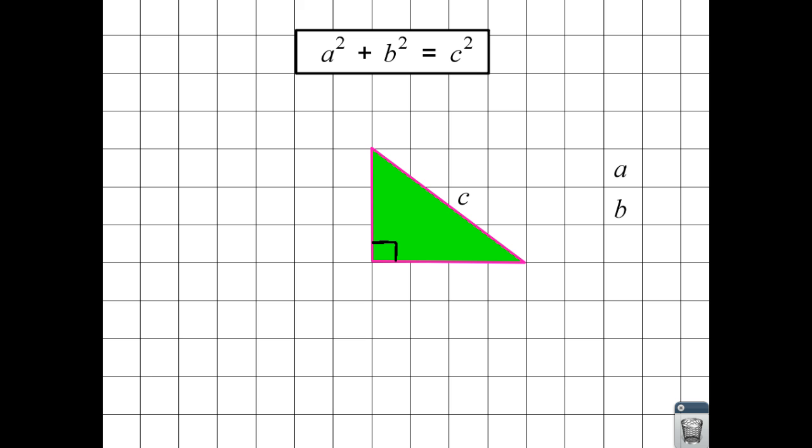Now, A and B actually are interchangeable, believe it or not. Even though they're different variables, B can be on the base. Normally we represent B as the bottom or the base. But according to the theorem, since we are adding the two values together, that is part of the commutative property.